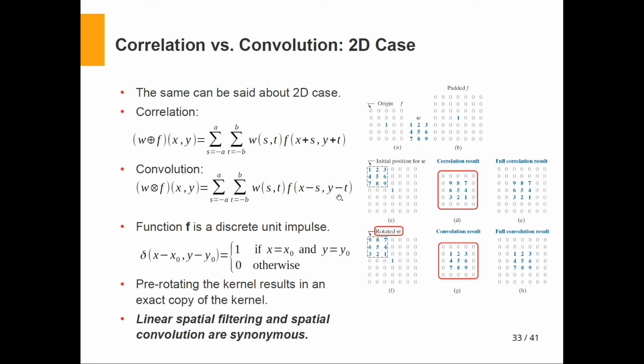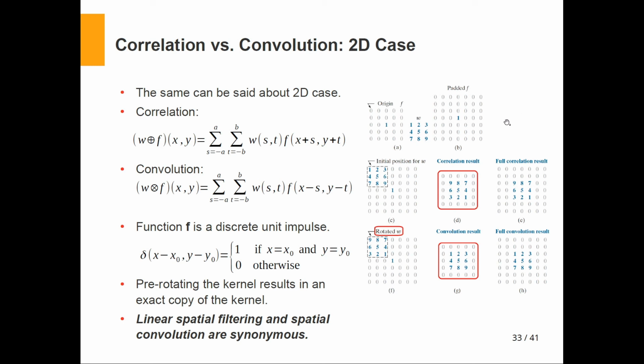So let's see what is the effect in both correlation and convolution. Since we are working with two-dimensional functions, now the original image is all zeros with 1 at the center, and the kernel that we have is a 3x3 kernel with values 1 all the way to 9. Again, since we want to avoid any undefined values, we zero pad this data.